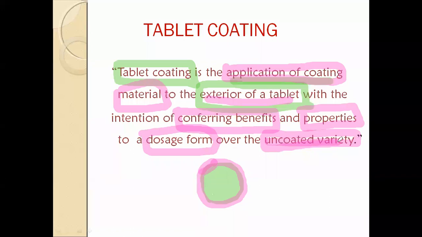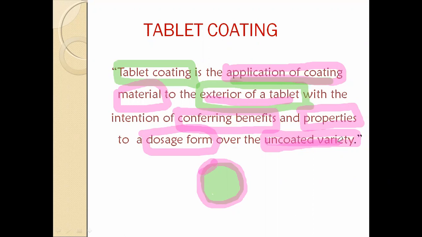a tablet. So the basic intention why we go for coating is to confer certain benefits to the core, that is the tablet, and properties to the dosage form on which you are going to apply the coating. So in the whole talk, mainly the core will be the tablet.